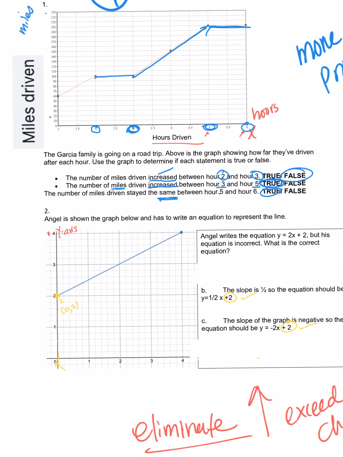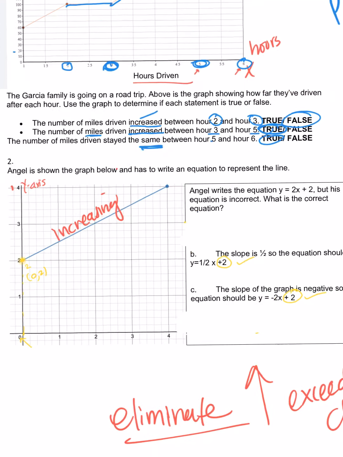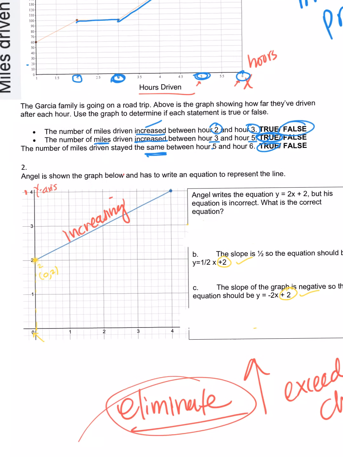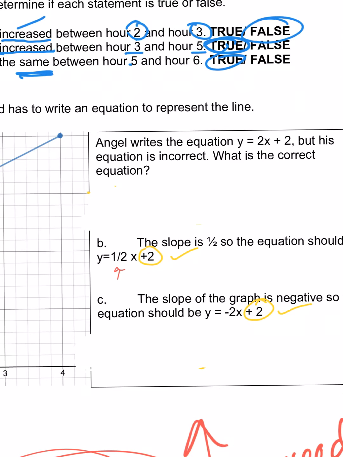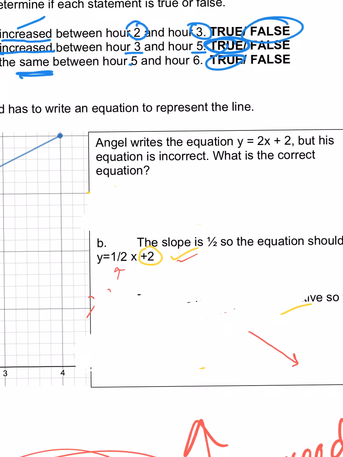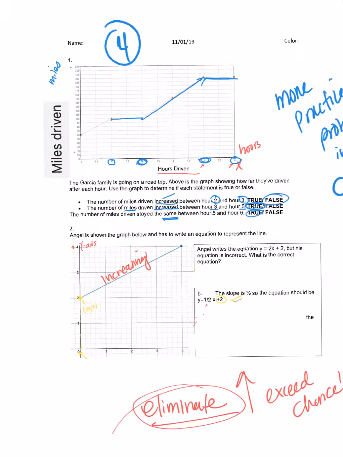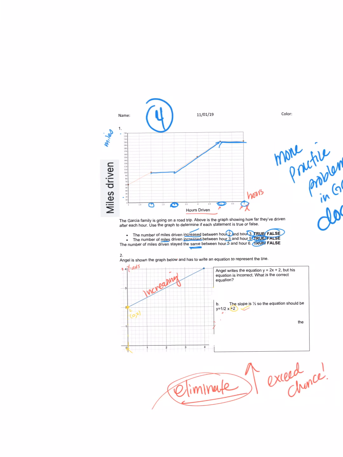So if it's increasing, you can eliminate slopes that are negative. That's a positive, so that one's good. A negative slope means that it should be going down. Nope, nope, nope, nope. So you can eliminate, so that's gone. And look at that. You got the answer just by eliminating the wrong steepness and the wrong y-intercept.